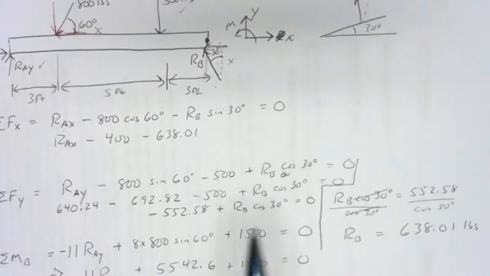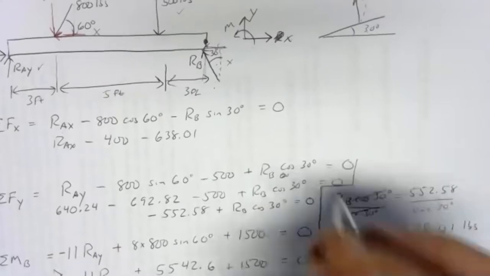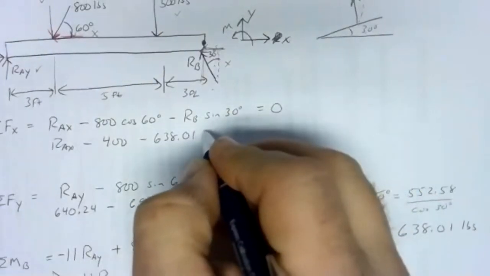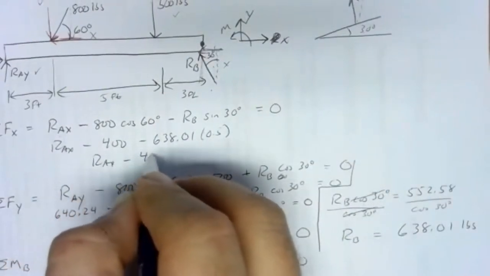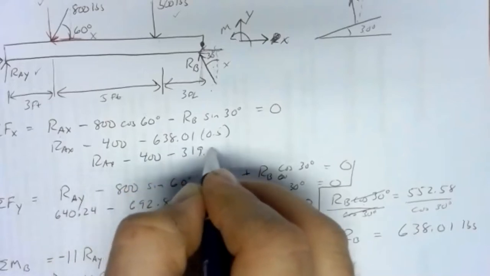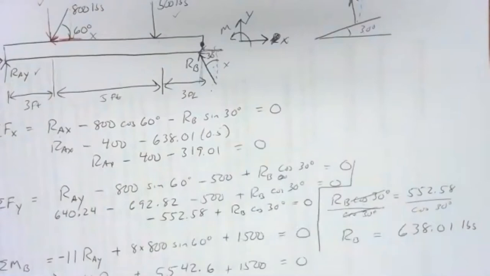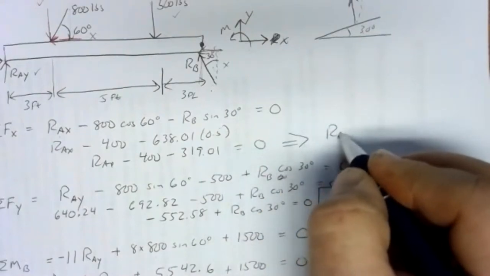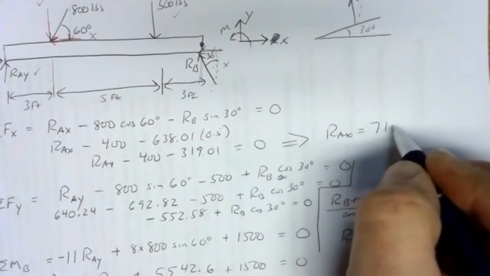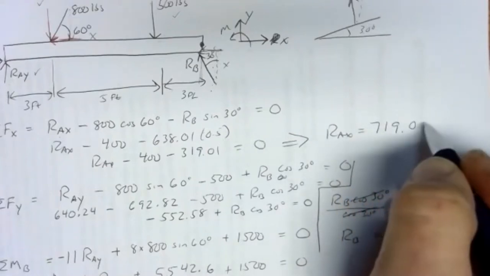Well, the sine of 30 is still a nice number for the most part. 0.5. 638.01 times that, 319.01. So we have RAX minus 400 minus 319.01 equals 0. Combining the numbers together and solving that, we should get that RAX is 719.01.